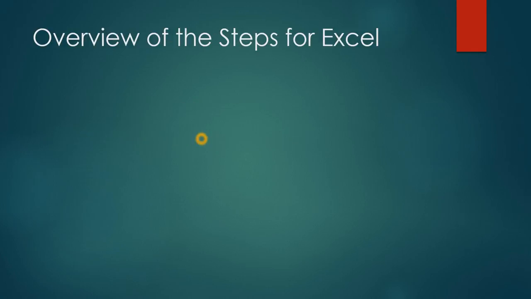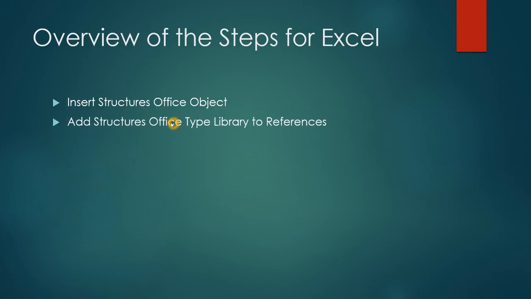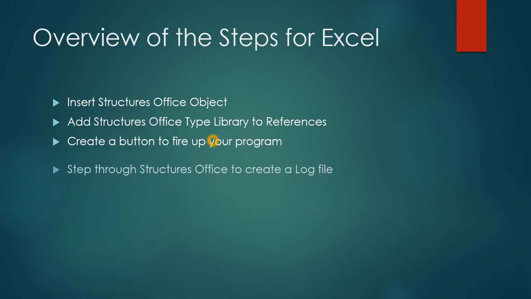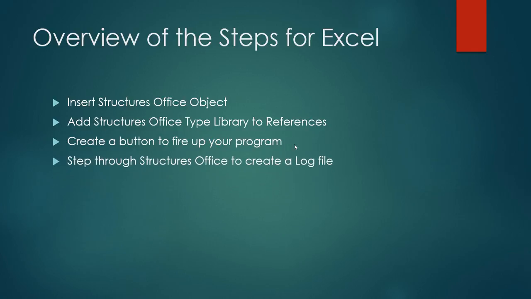So in this video we're going to concentrate on Excel, and this is just a quick overview of the steps. First, you'd insert the Structures Office object into your spreadsheet. Then you need to add the Structures Office type library to the references. The type library is what IntelliSense uses to give you the methods and arguments. Then you'd add a button to fire up your code. Then you'd step through Structures Office to create a log file.